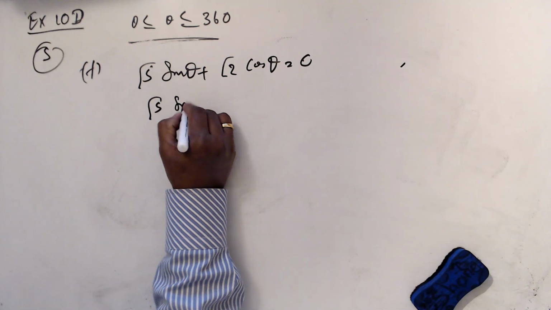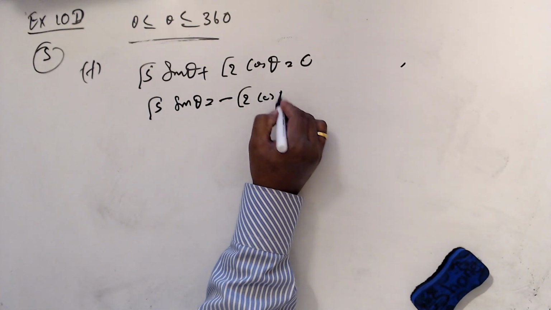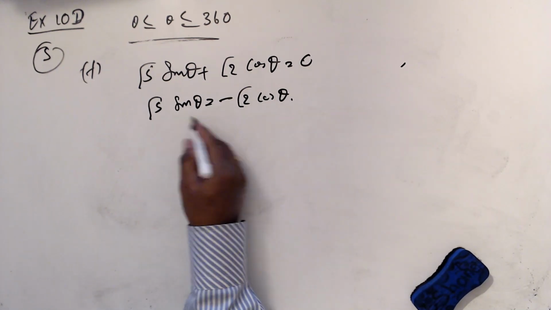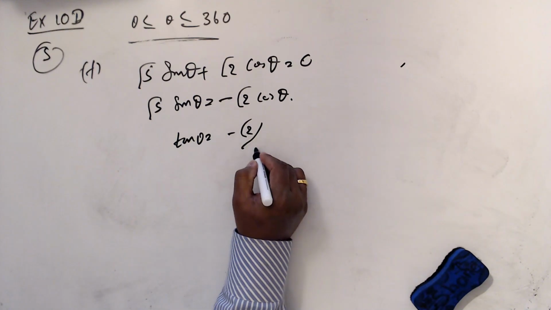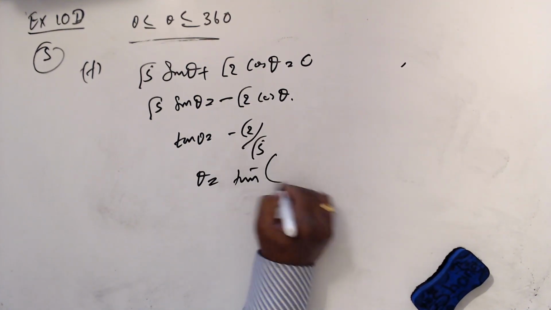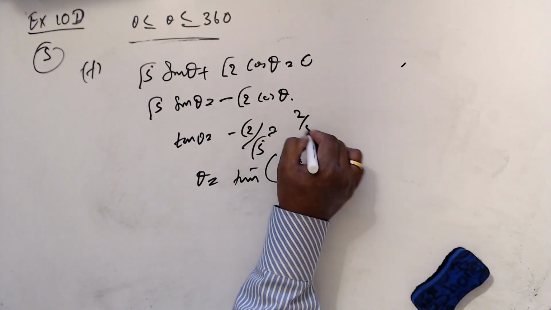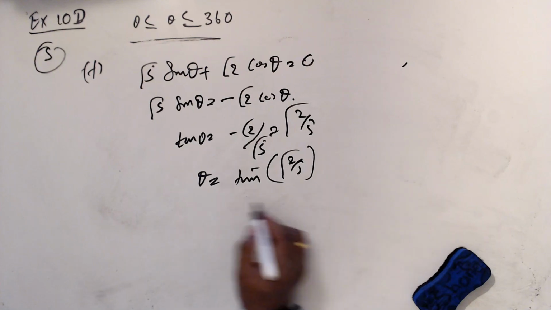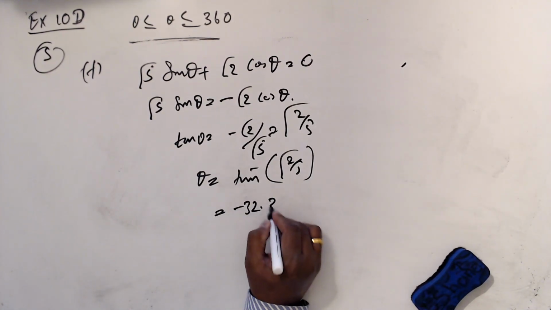Square root 5 sin theta equal minus square root 2 cos theta. Then cross multiply, tan theta equal minus square root 2 over square root 5. Theta equal tan inverse square root 2 over square root 5. This is the same as square root of 2 over 5, which is minus 32.3.